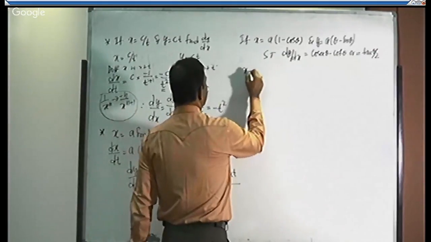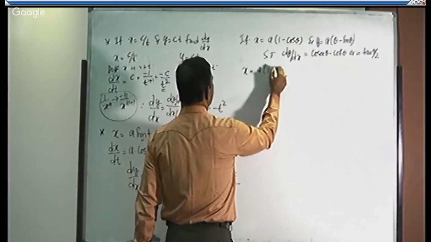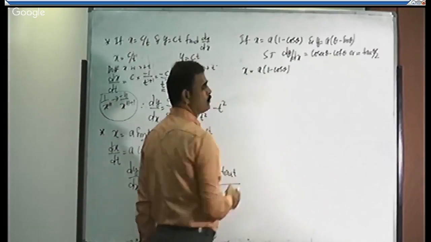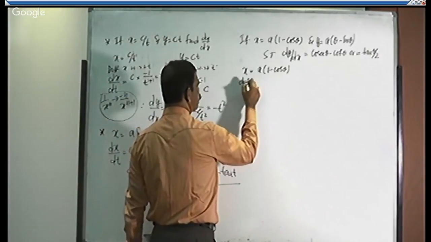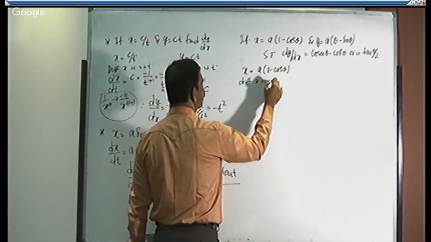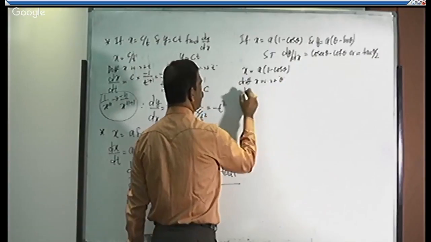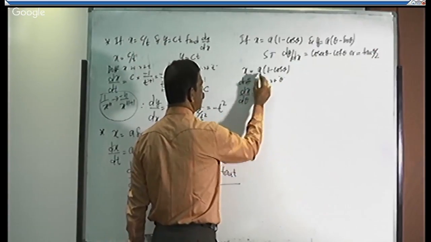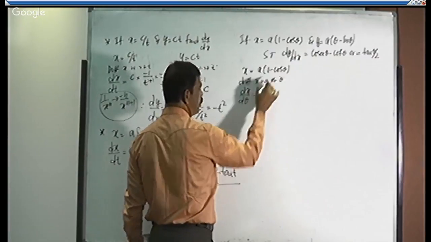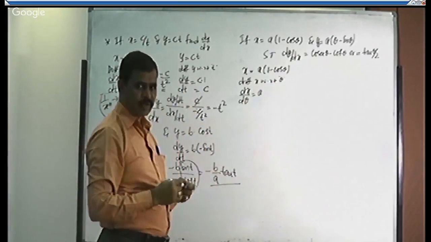To follow the procedure, x is a into 1 minus cos theta, correct? Differentiate x with respect to theta. We will get dx by d theta. It is a constant into function. Keep the constant as it is.